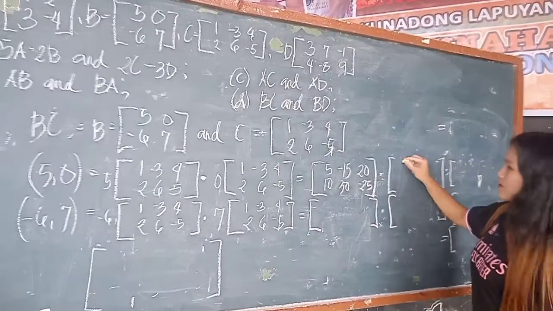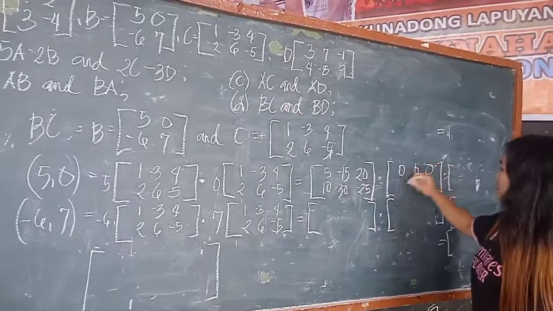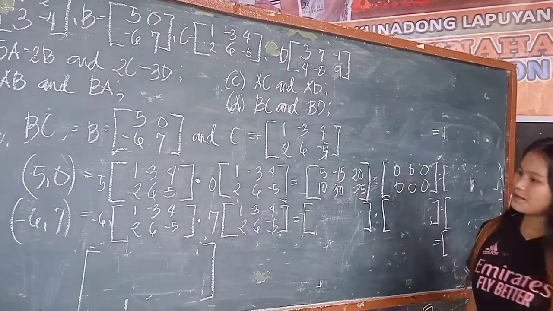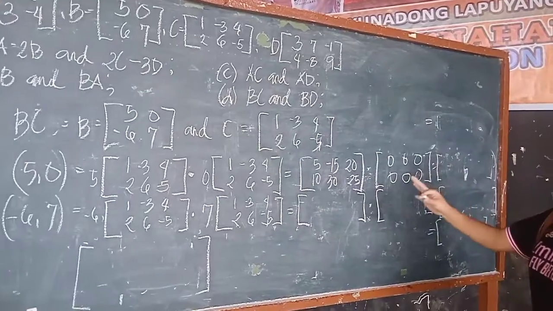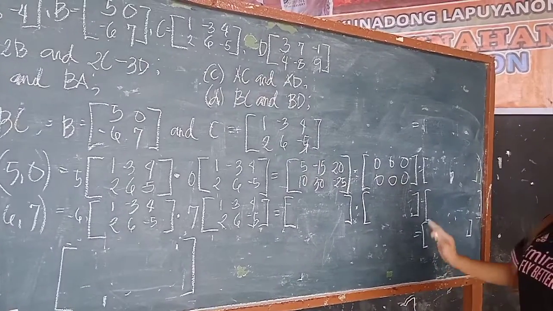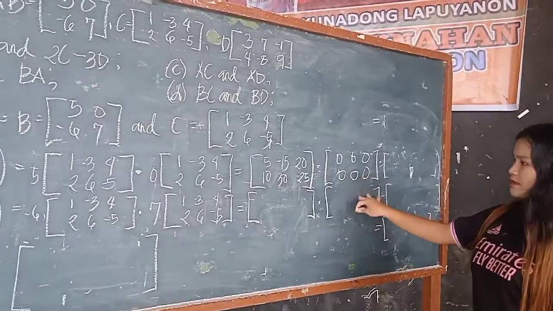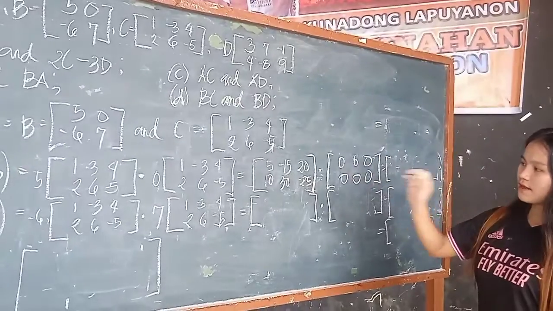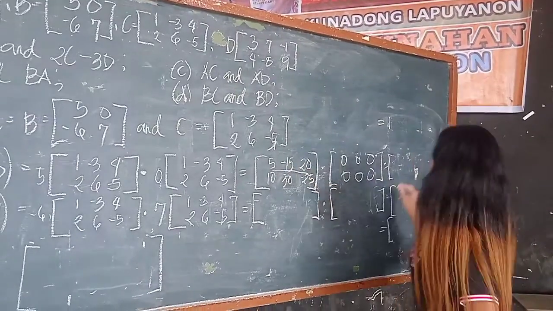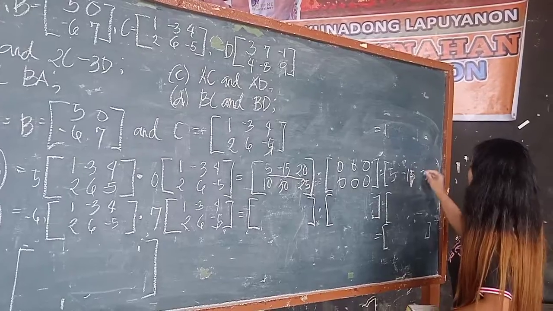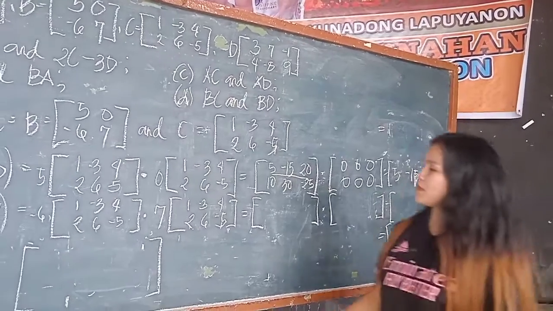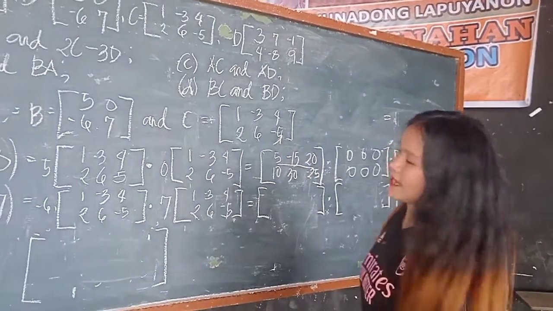And 0 times 1 equals 0, 0, 0, 0, 0, 0. Kay 0 naman siya, so therefore, understandable na ang value niya. So, 5, negative 15, and 20. Then the second row, negative 6 and 7.